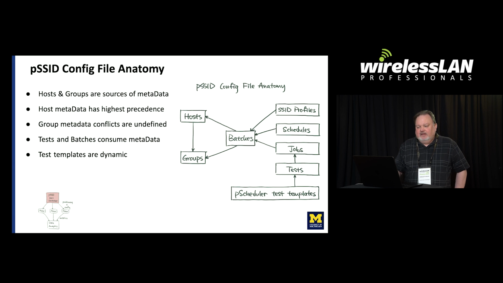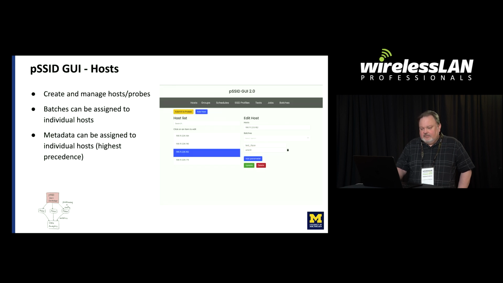The batches consist of SSID profiles, the cron job schedules that we talked about, and a testing regimen that consists of jobs, which consist of tests, which are defined by the template files we mentioned earlier. The template files describe the type of tests PerfSONAR can run, and then they're packaged up into the jobs which are applied to the batch.